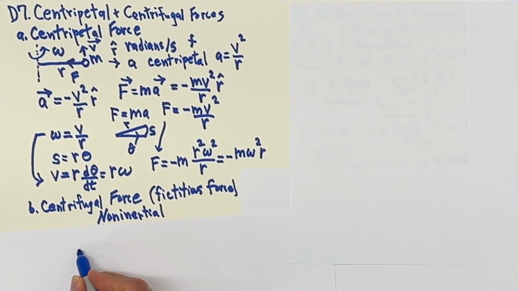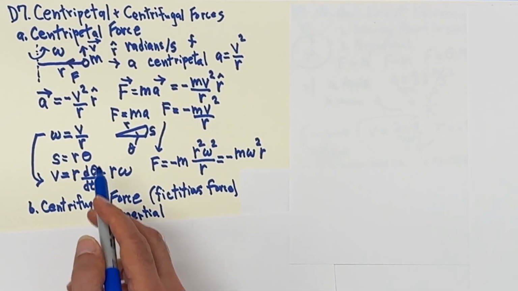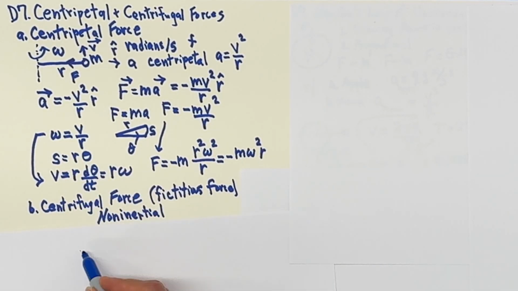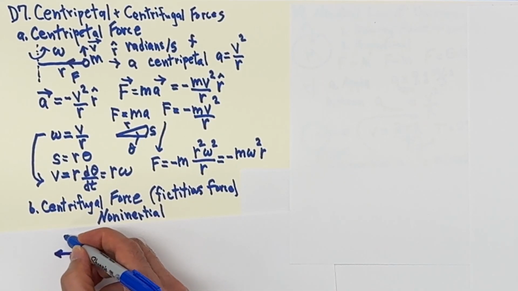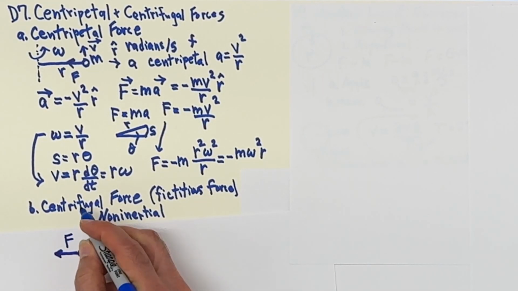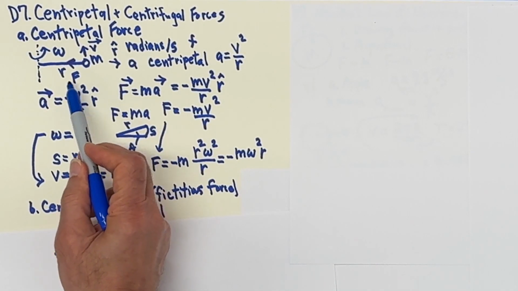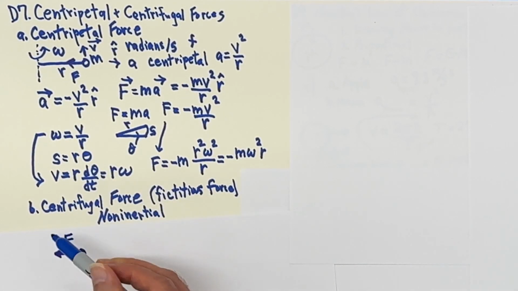So here, if I am the ball, I experience a force to the left, and this could be in the car where the door here is pushing me to the left, and I can feel that pushing me in. So this would be the centripetal force that we have looked at above. And this force is a real force.